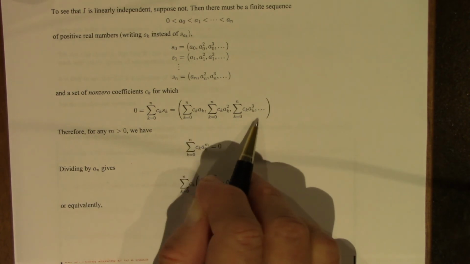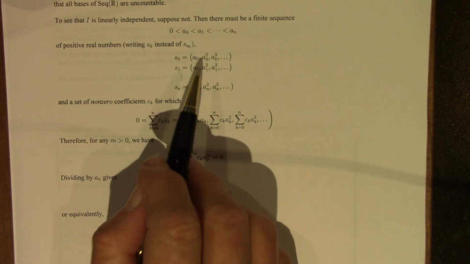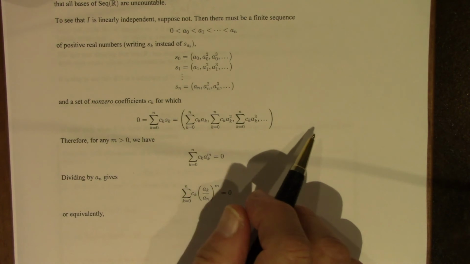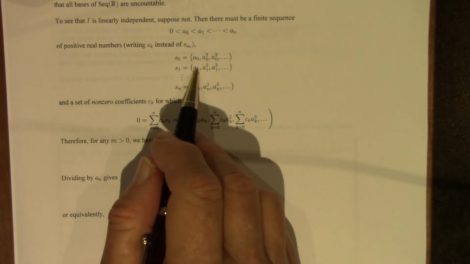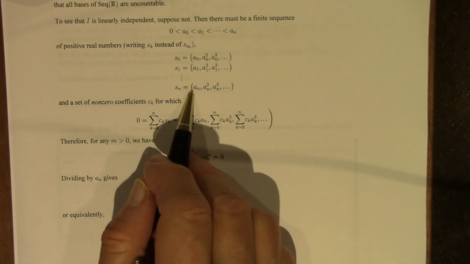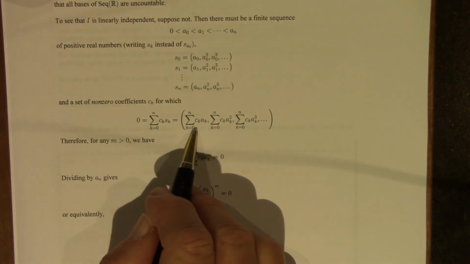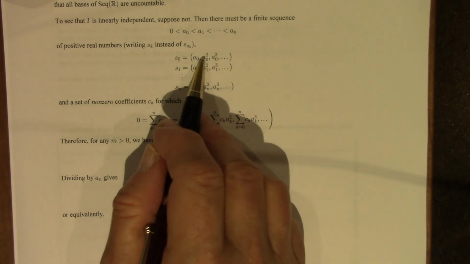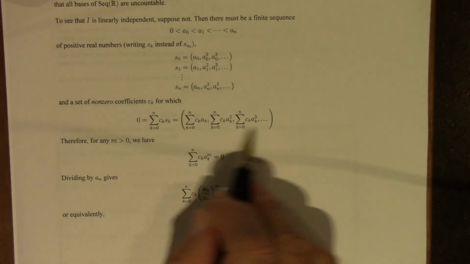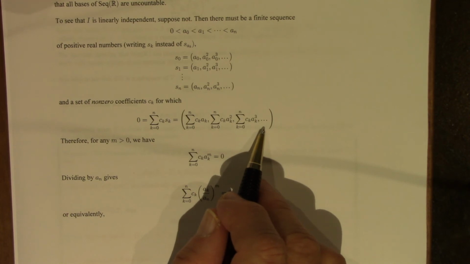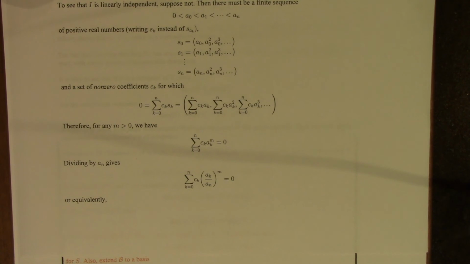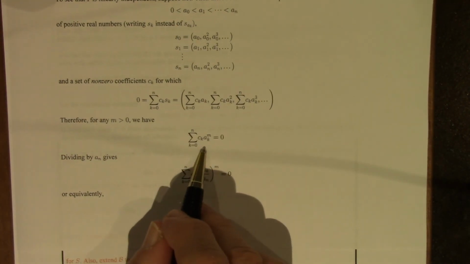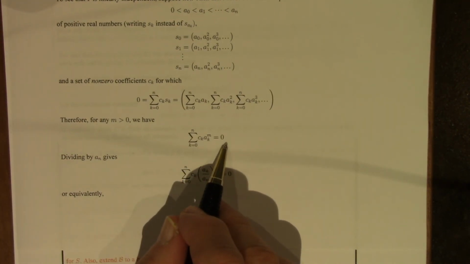This is what it looks like when you do the separate components. So the first component of this linear combination is the linear combination of these a sub i's, looks like that. The second component will be the linear combination of the a sub i squared, and so on. So for any positive integer m, this sum must be 0.